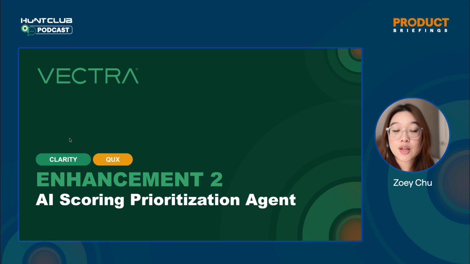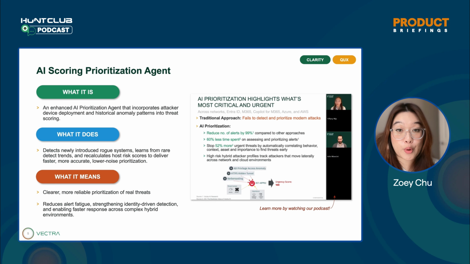Our next enhancement is also a clarity enhancement on the Quadrant UX, which is the AI scoring prioritization agent. It has been available on Rux for quite some time now, but now we're releasing it on the Quadrant UX. What makes AI prioritization of the Vectra AI platform unique is that most security tools just look at isolated alerts, but Vectra looks at hundreds of behaviors across the entire environment.